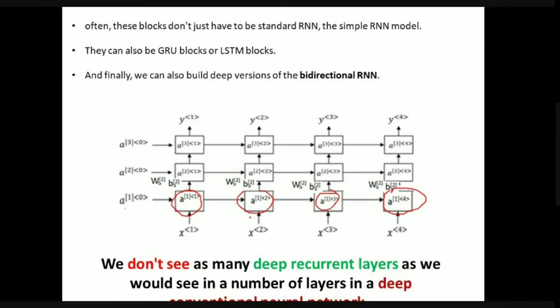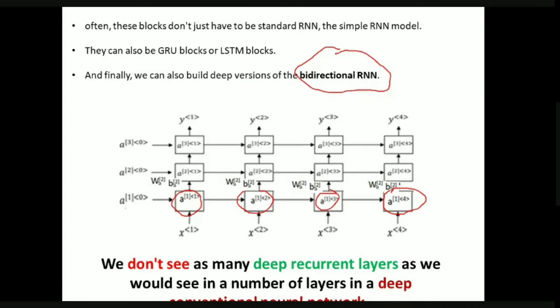Finally, what I wanted to conclude is that we can also build deeper versions, or improve the efficiency of this deep RNN, by using bidirectional RNNs. I hope you know the difference between a standard RNN and a bidirectional RNN. You can include the functionality of bidirectional RNN to make the performance of this deep RNN more efficient.